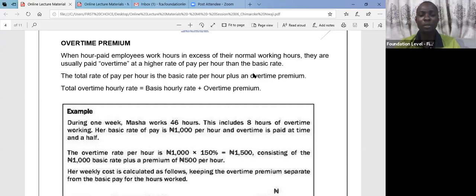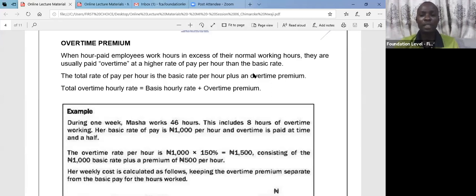Now, look at what they're saying. When they say overtime is paid at time and a half, it means 1 hour and a half. So, how much are you being paid for 1 hour? For the basic, you have 1,000 naira as the basic hour payment. And they said and a half.